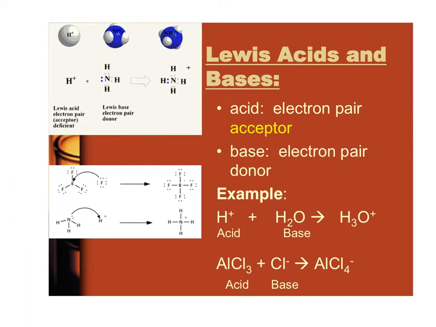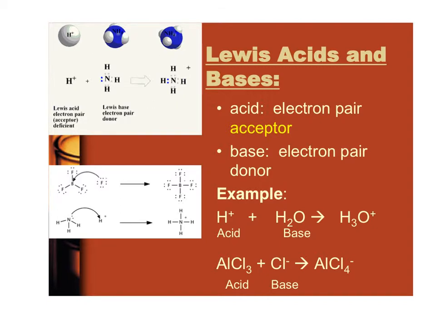Then we had Lewis acid and bases. With that, basically, this is covering things that maybe don't even have hydrogens in them. The way that I usually tell my AP to remember them is it's opposite of what you just wrote down for Bronsted Lowry. So now your acid is some sort of an acceptor and the base is a donor, but we're talking about electron pair.